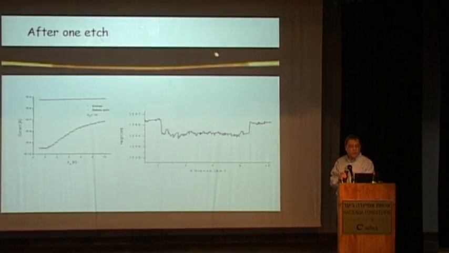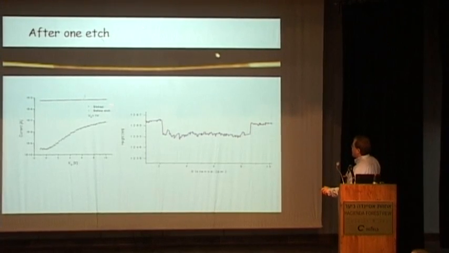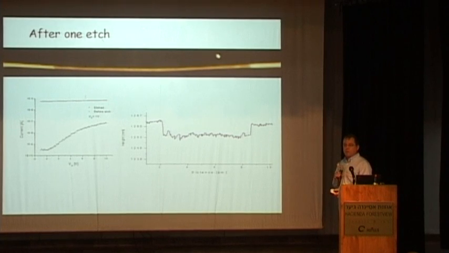Before etching, it shows ohmic behavior because it's very highly doped on the surface, almost 10^20. After you etch a few nanometers, it shows transistor behavior because it's more lightly doped. This is the effect, and several groups have seen this. Before you etch it, it's completely ohmic and doesn't show any reaction to the gate bias. So you really need to get rid of this very high surface dopant concentration.